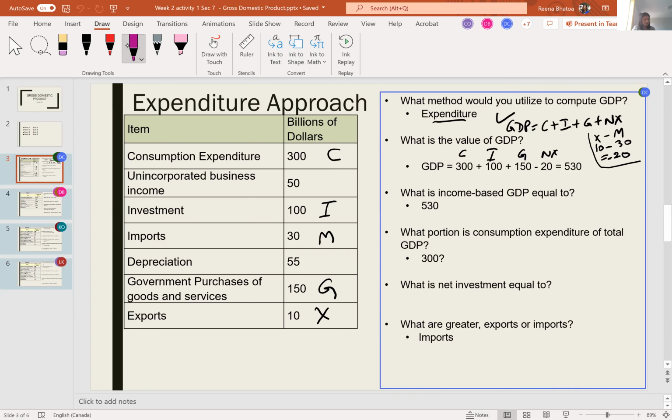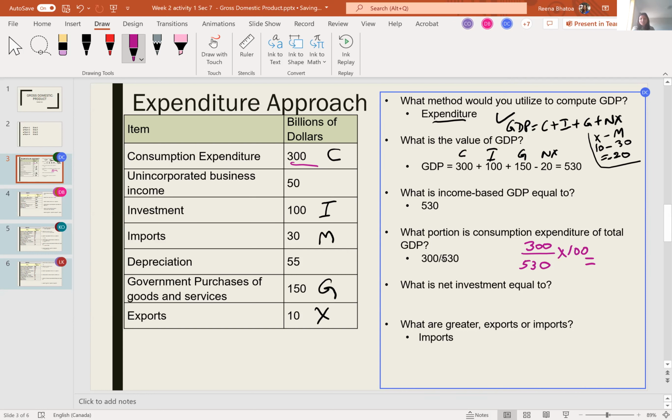It's this, divided by 530. Remember the portion, the rate you are calculating. So I will write with this marker here. It's going to be 300, which is consumption expenditure, divided by total GDP, 530, times 100.